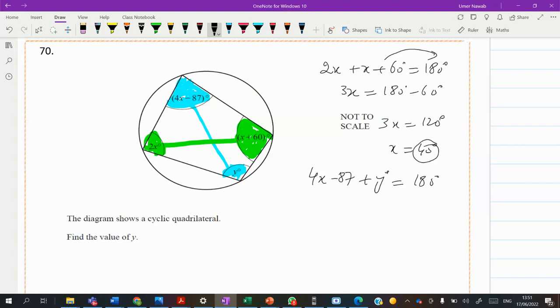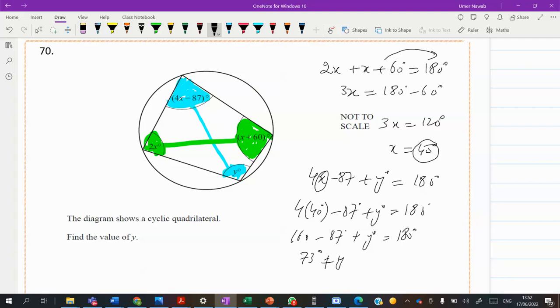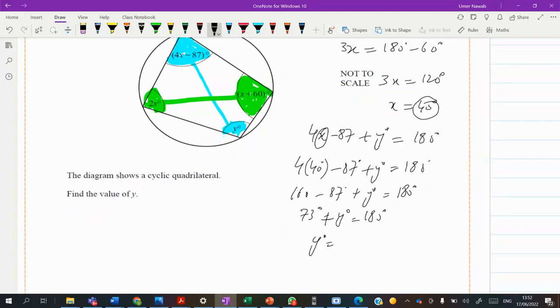What is the value of x you found? 40. Substitute it here. So that is 160 minus 87 plus y is equal to 180. And then finally, this is 73 plus y is equal to 180, and then y will be 180 minus 73. It gives you finally 107.